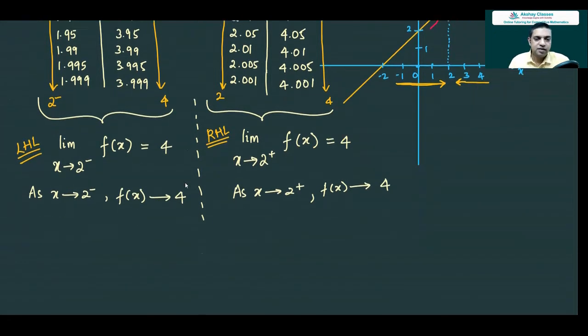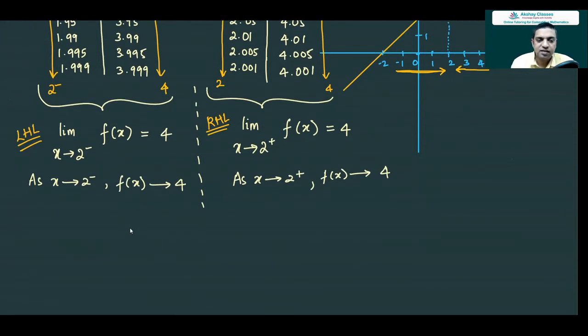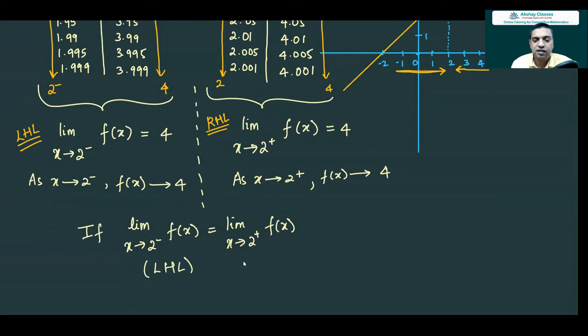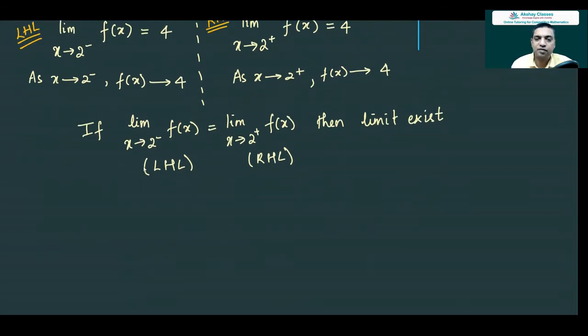If left hand limit LHL is equal to the right hand limit, then we say the limit exists and is equal to whatever the value is.